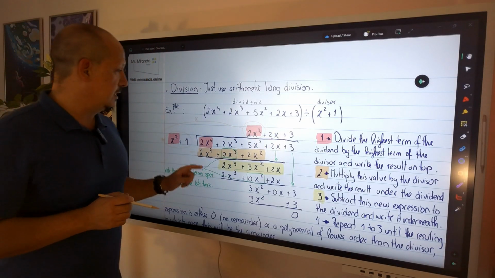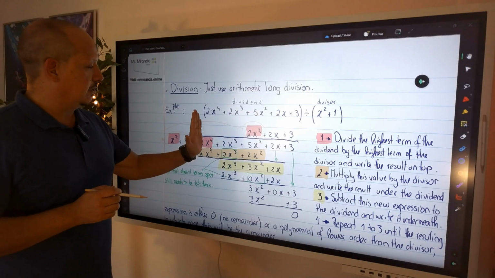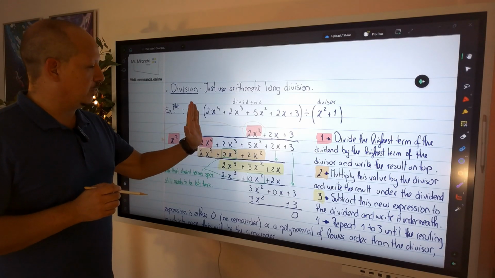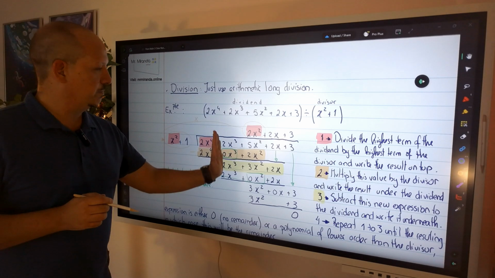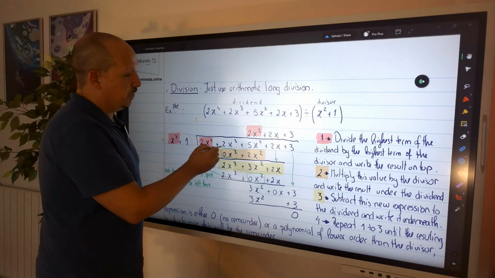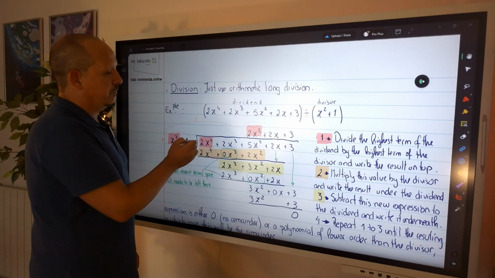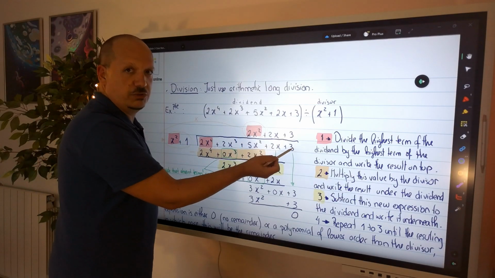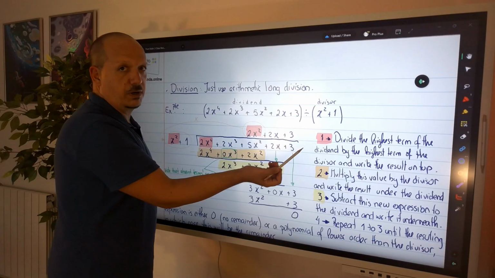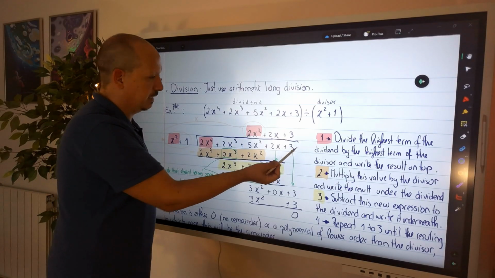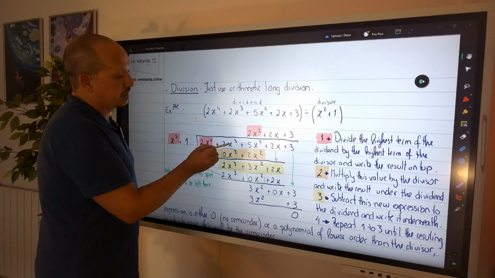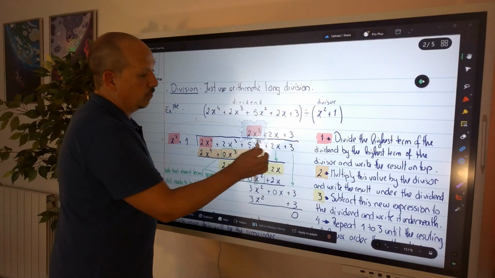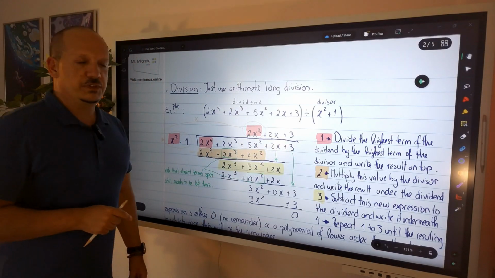It's very important that you put all the terms with the same power aligned in columns. See, here you have a dividend that has all the powers from x to the power of 4 until x to the power of 0. That's this one over here. x to the power of 0 is 1, so you don't even write it, right? So you have x to the power of 4, x to the power of 3, x to the power of 2, x to the power of 1, and x to the power of 0.